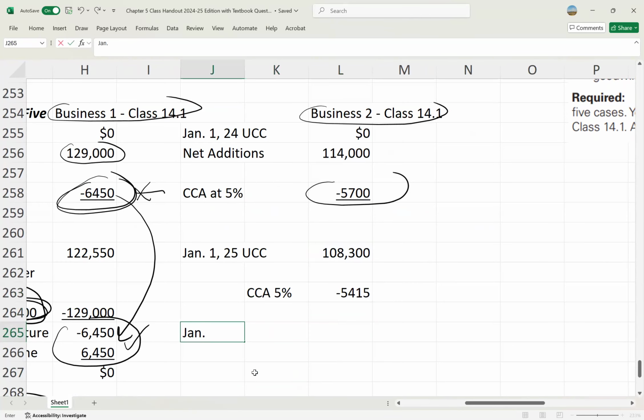And so then the balance going into 2026 UCC will be 102,885. Any questions about these two calculations here? And so for business two, as long as they continue to operate it, they'll just continue taking 5% CCA every year.